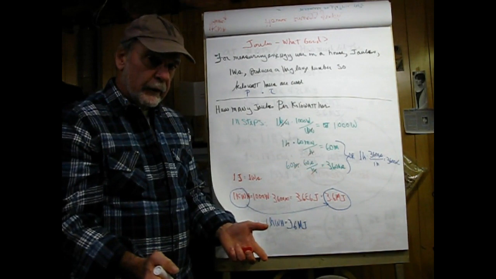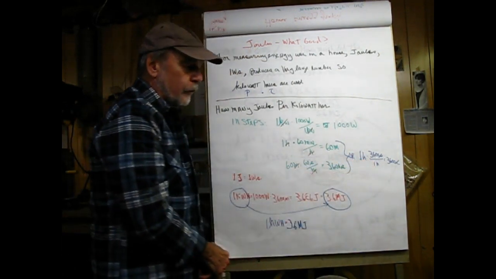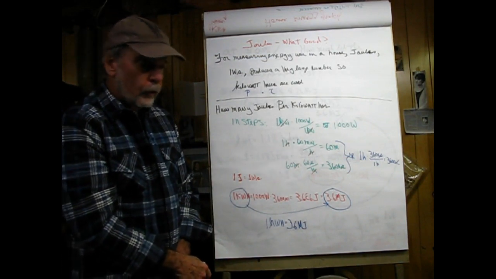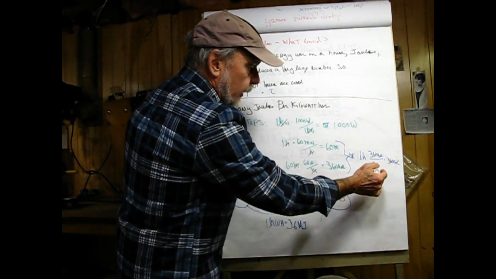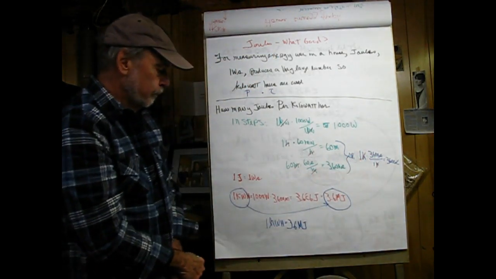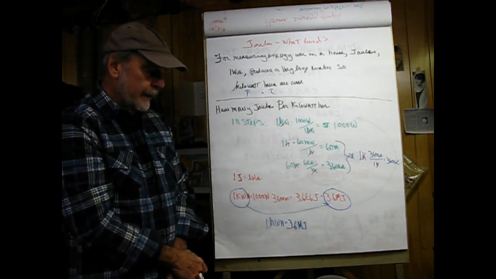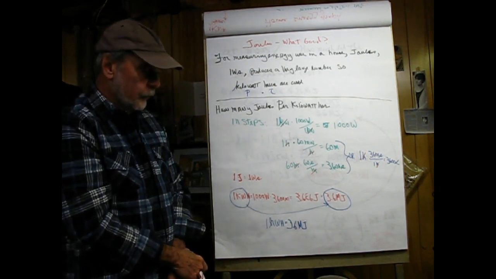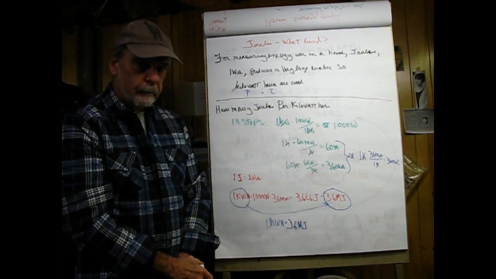Or I can do it directly, as I alluded to before. 1 hour times 3,600 seconds per hour gives us 3,600 seconds, and again the units of hours divide out. So what my 1 kilowatt hour equals as far as joules is concerned is 3.6 megajoules.